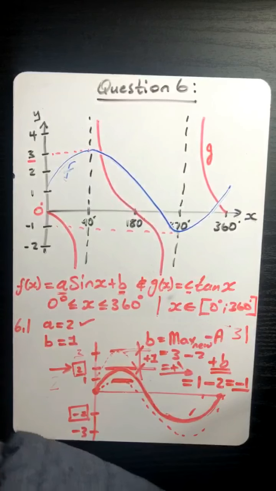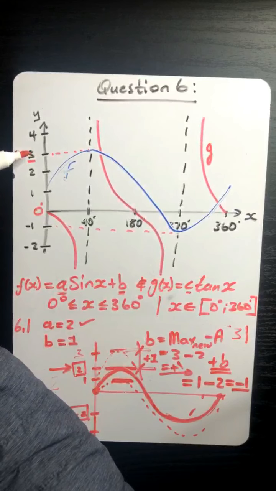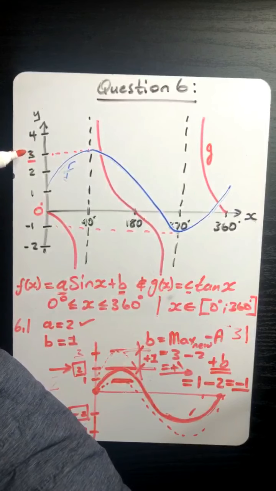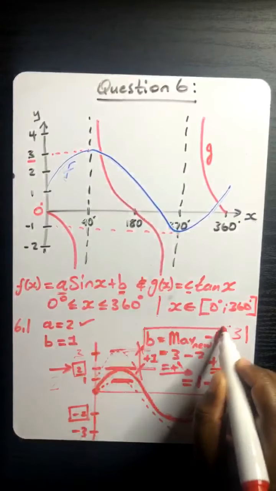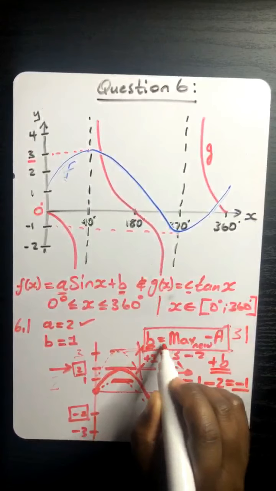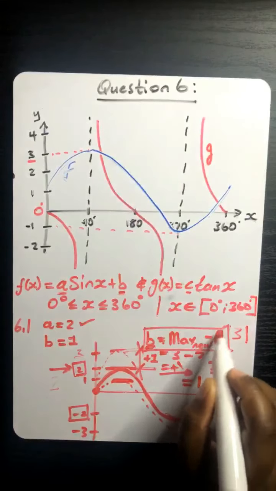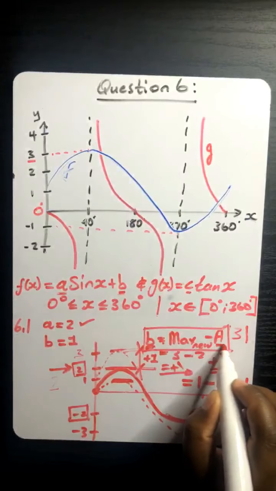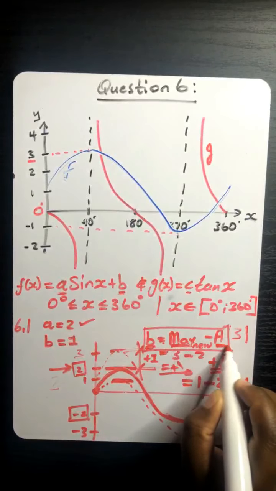So now, can you see we have our new maximum value there? When you want to know by how many units it has shifted, this is the formula that I've just discovered: the shift equals the new maximum value minus the amplitude. We know the amplitude is 2. That's why we said 3 minus 2 equals 1.